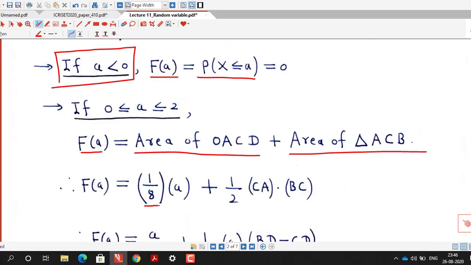So it is 1 by 8 into a, using the formula for the area of a rectangle, plus the area of the triangle.